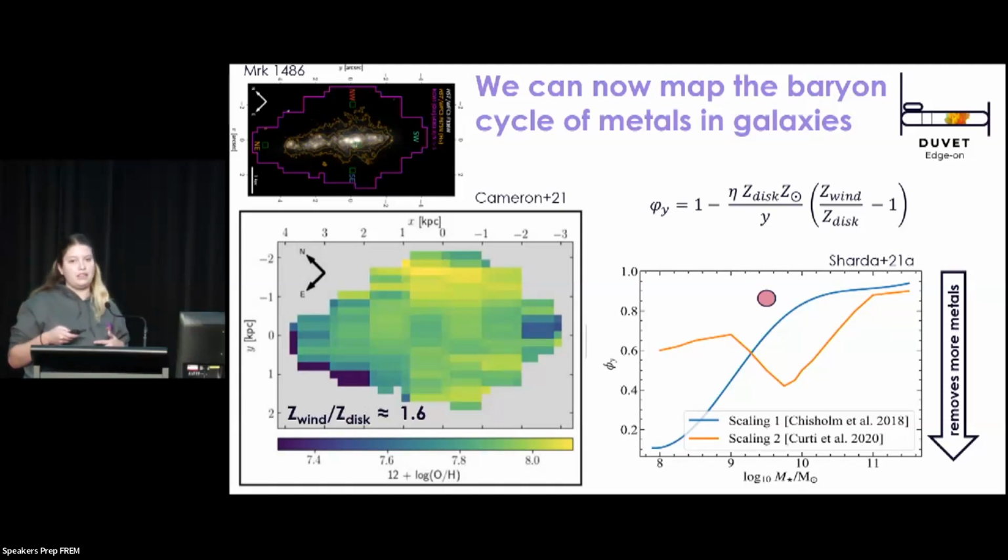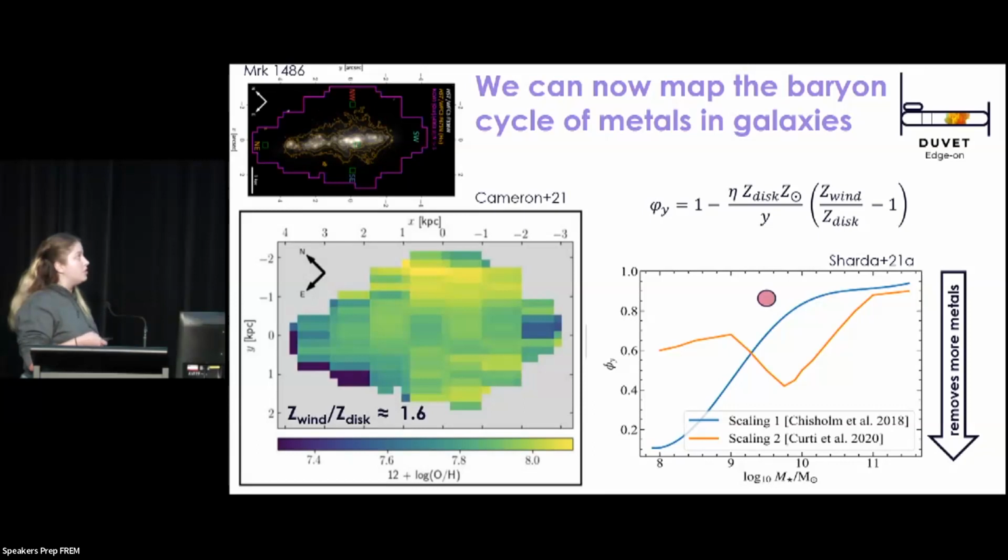Or another way of thinking about it is the lower pi y, the more metals are being removed by the outflow. So these two curves show different models, and this pink point here shows the observations and the value that we got from the observations of Cameron et al. And as you can see here, the observations suggest that we have more metals being retained in the disk than what we expect from these analytical models.